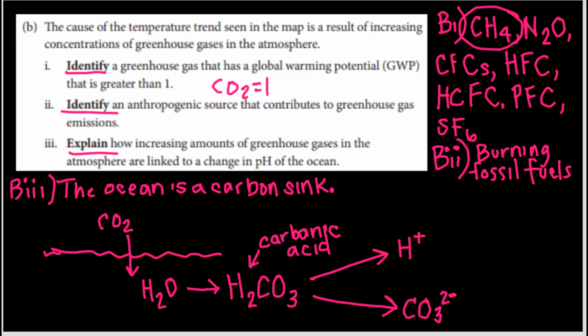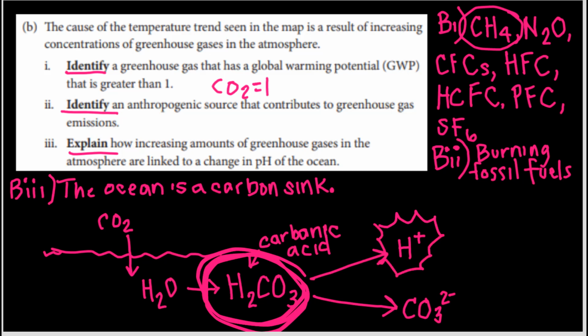And so this is the big problem: we're forming this carbonic acid when carbon dioxide reacts with or gets absorbed by the ocean, and that's going to lower the pH because then we've got all these H+ ions in the water. So that's basically what's going on there.